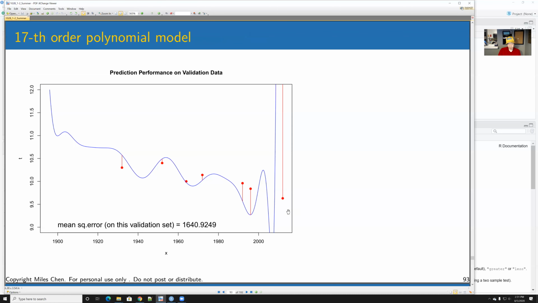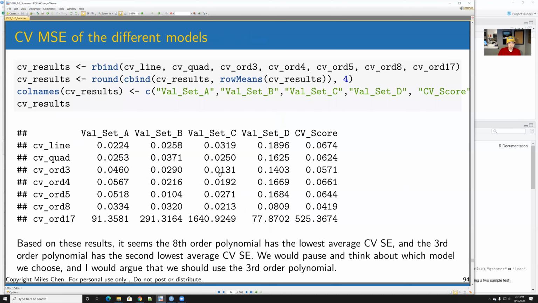Okay, so we can see the 17th order polynomial maybe fits the training data well, but does a very poor job on the validation set, okay? And so if I keep track of all of these things, we've been looking at validation set C, but if we look at all 4 of the validation sets A, B, C, and D, we can see how the linear model, quadratic model, third order polynomial, and things like that fit, okay?